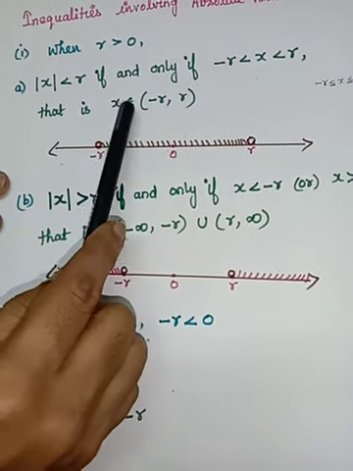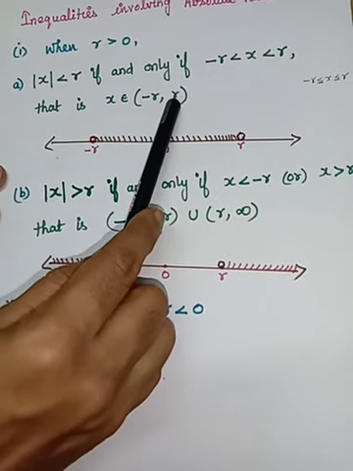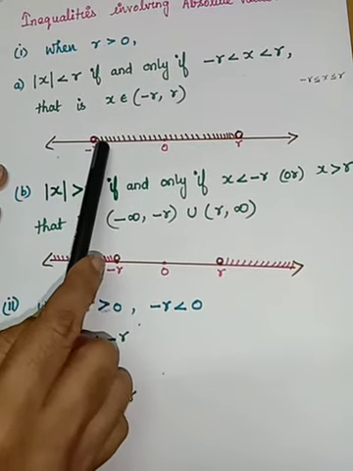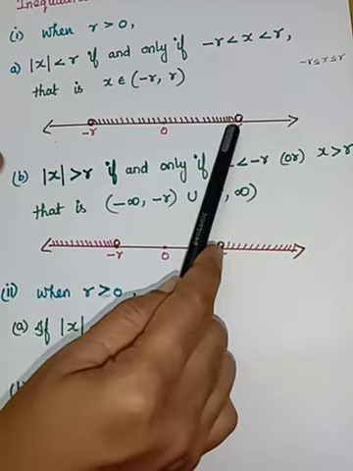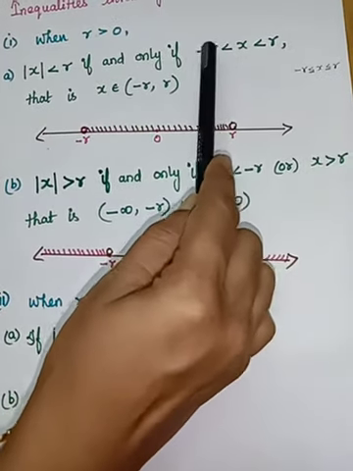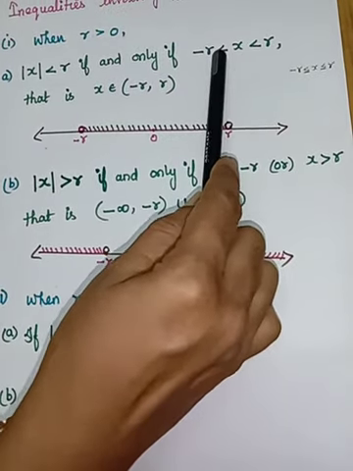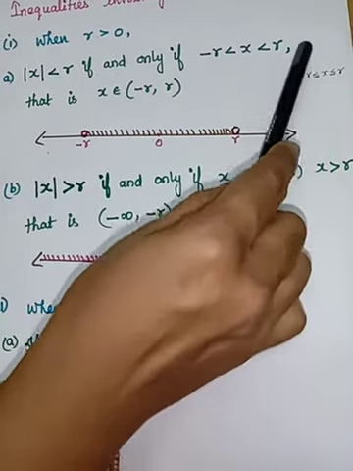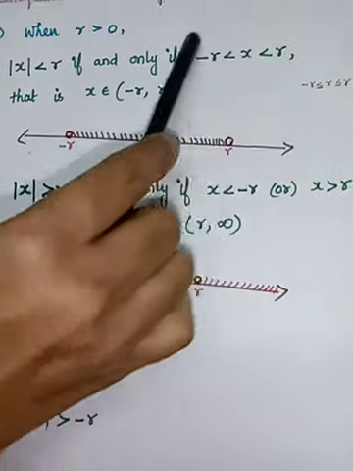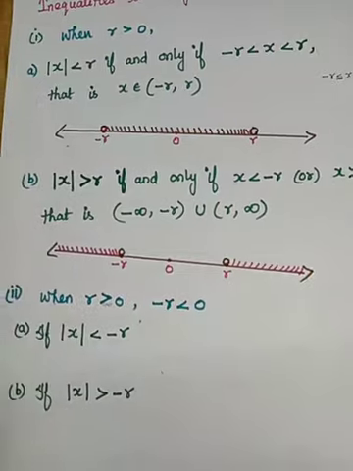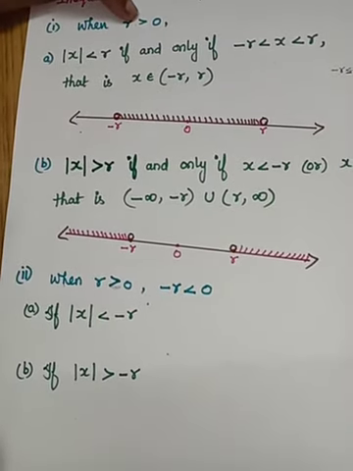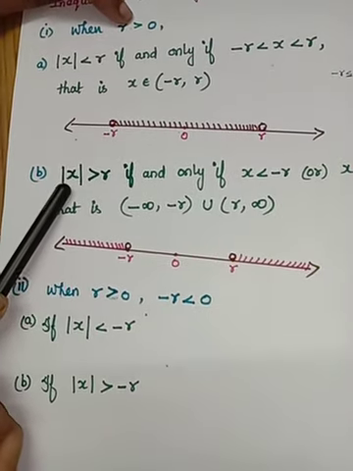So x belongs to minus r to plus r. So x lies between minus r and plus r. Or you can very well say minus r less than x less than r. So this only you are going to use in the problems. Okay. So that is the first result, when r is greater than 0. We are moving to the second result.